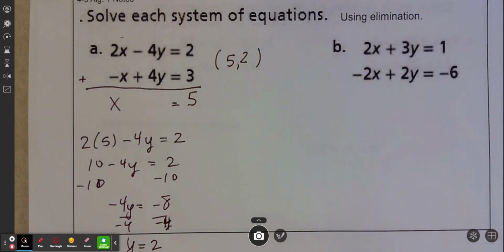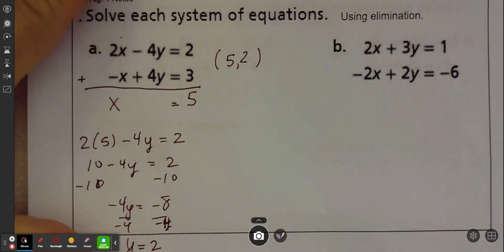You could just subtract them, but that gets confusing, so I'm going to show you a different way. Is it always going to tell us which method? Yes. If it says use any method, then you can use any method. But on the test, it'll say use elimination, use substitution, use graphing, and there'll be a graph there.